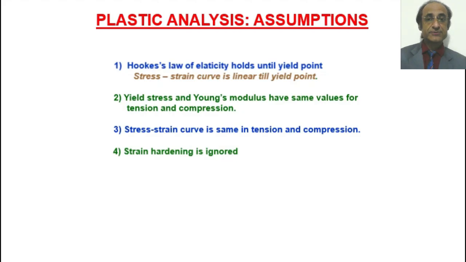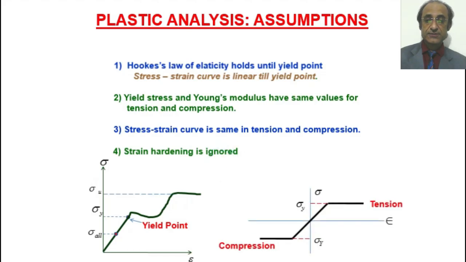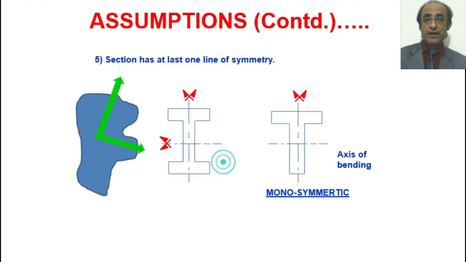Then we assume that the strain hardening region is ignored. So we have idealized the stress strain curve to purely elastoplastic. We also assume that the section has at least one plane of symmetry. So we are not considering sections which do not have any line of symmetry.